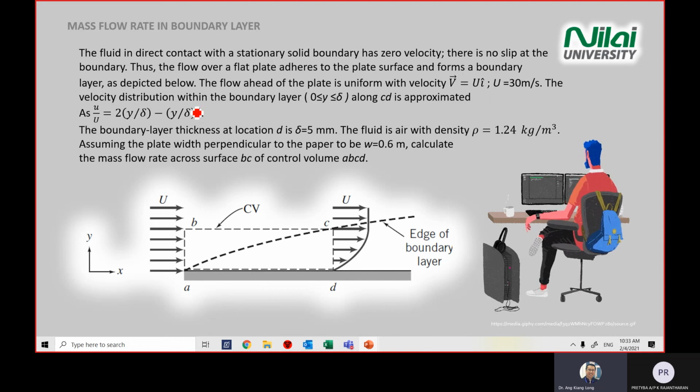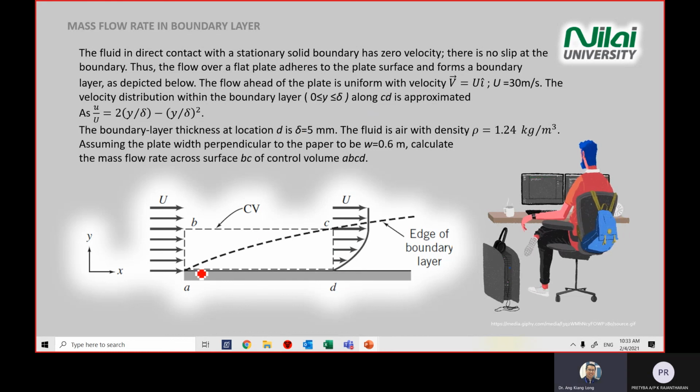The velocity distribution within the boundary layer is given so and so along CD, which is this one. So the ratio of your u divided by U is given in this equation. The boundary layer thickness located at D, which is here, is 5 mm.